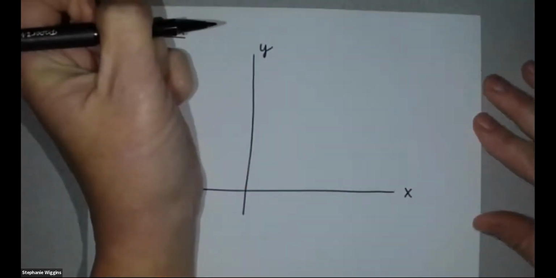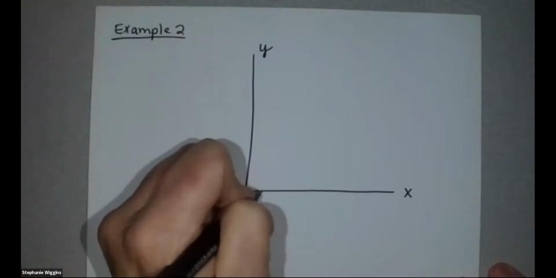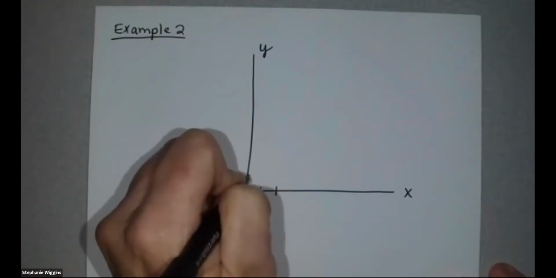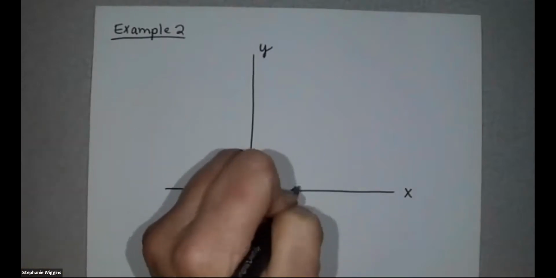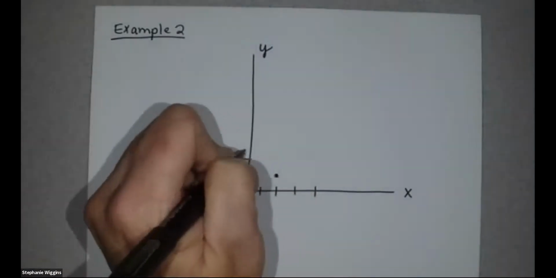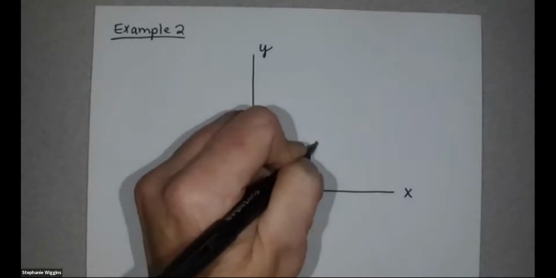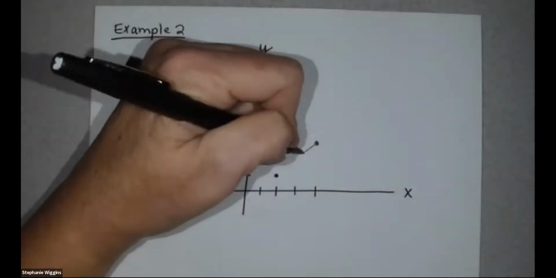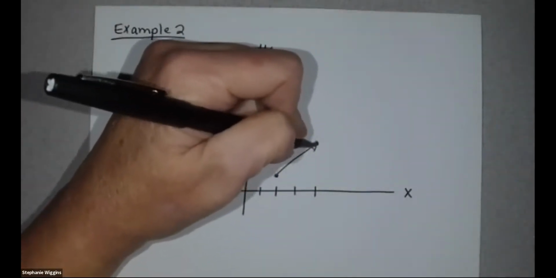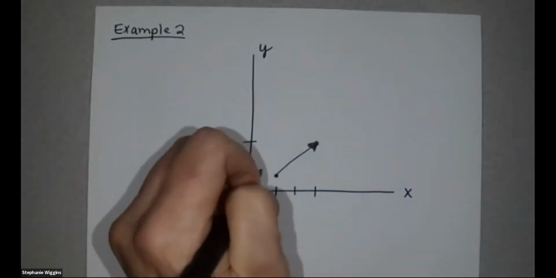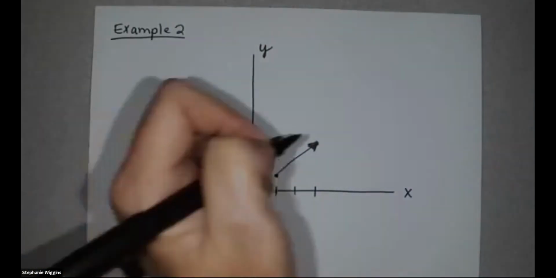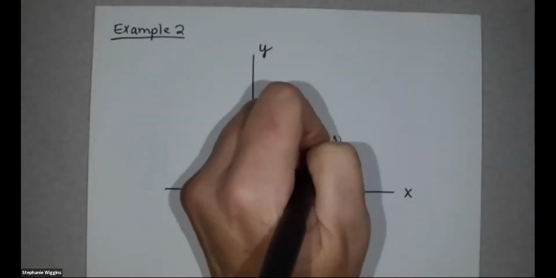And we have one with initial point (2, 1) and terminal point (4, 3). And then another one, so I should probably just label these so you can see what we're talking about here.